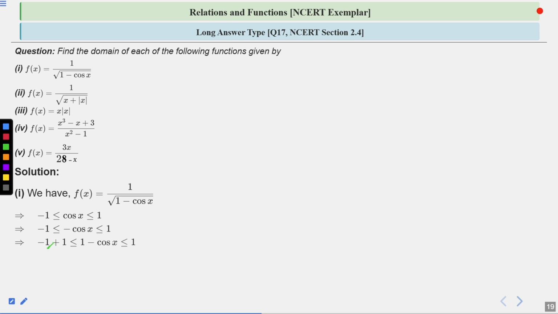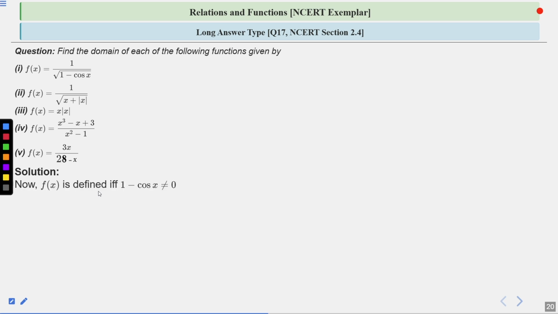Now, just adding 1 to every side, we get minus 1 plus 1 less than or equal to 1 minus cos x less than or equal to 1. So 0 less than or equal to 1 minus cos x less than or equal to 1. Simple. Now f(x) is defined when the denominator is non-zero.